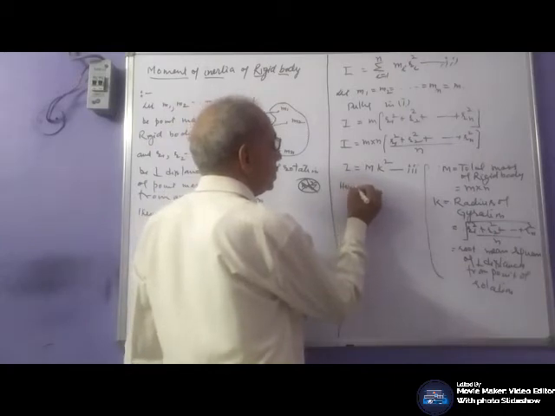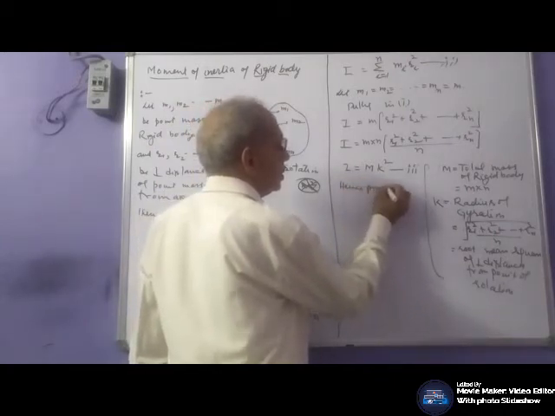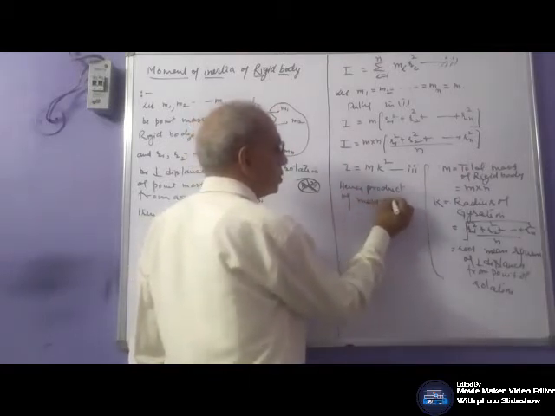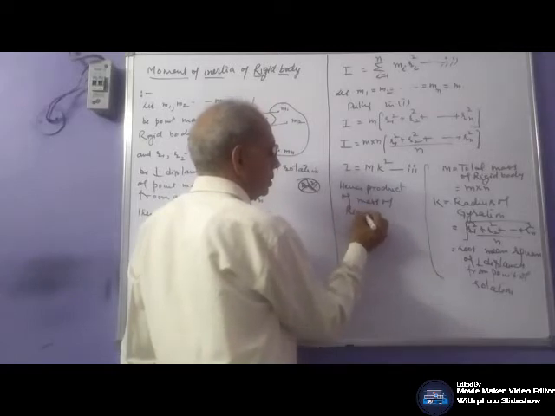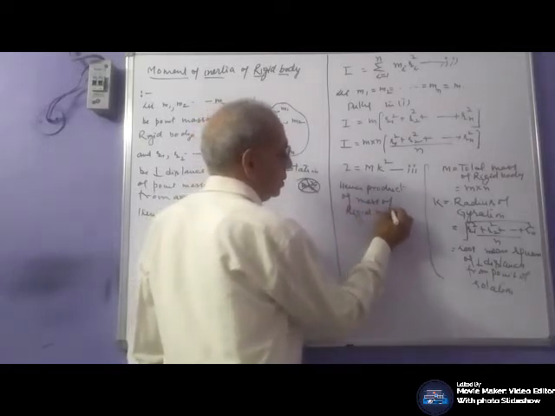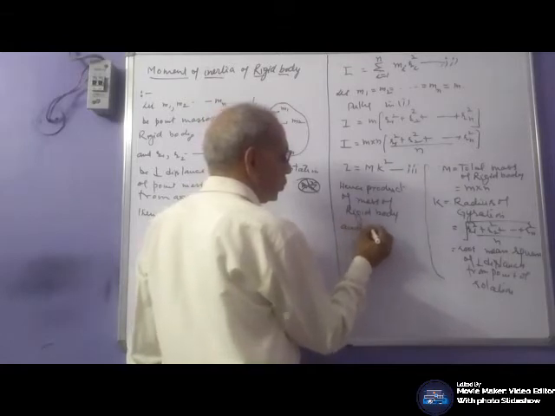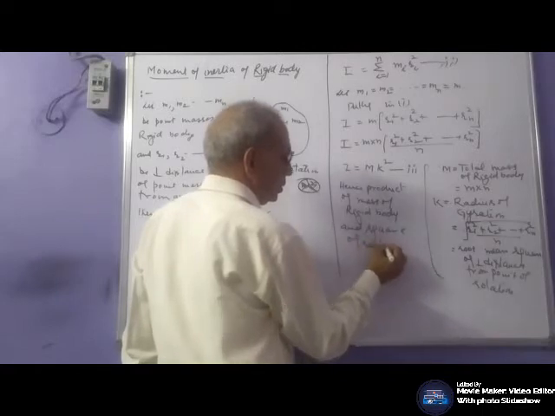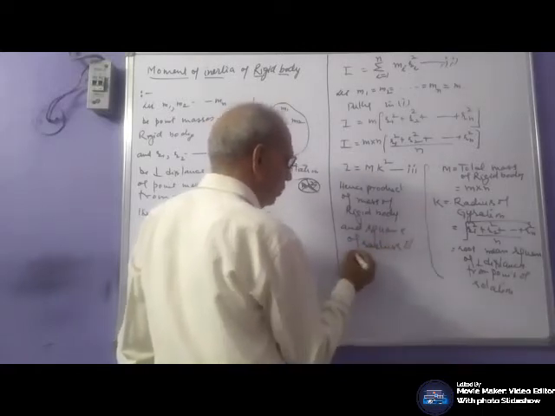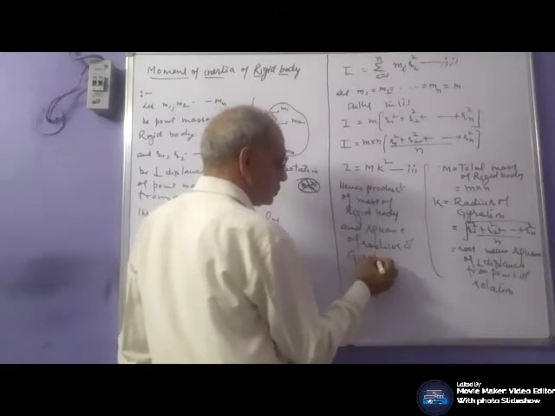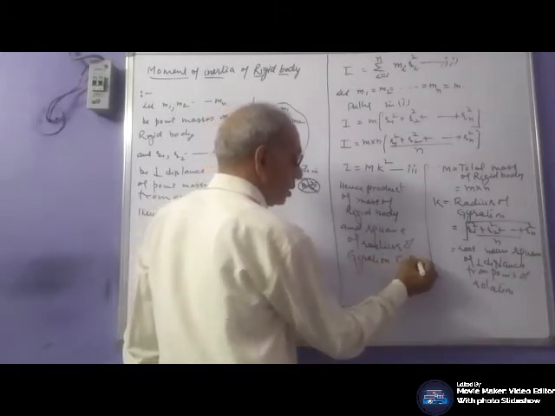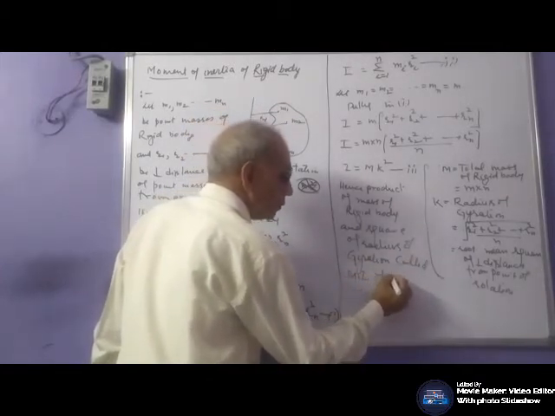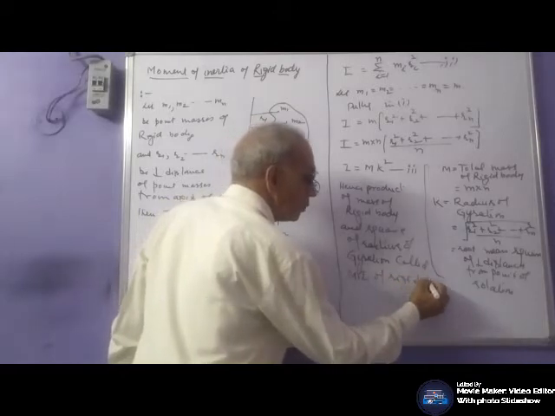Hence, the product of the mass of the rigid body and the square of the radius of gyration is called the moment of inertia of the rigid body.